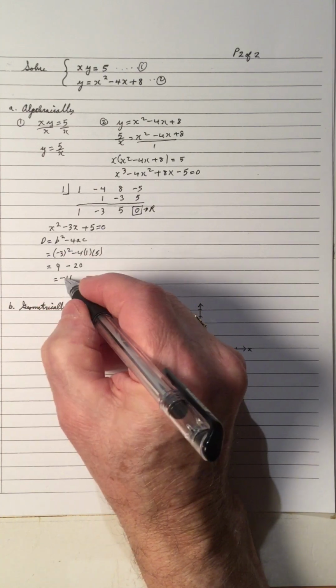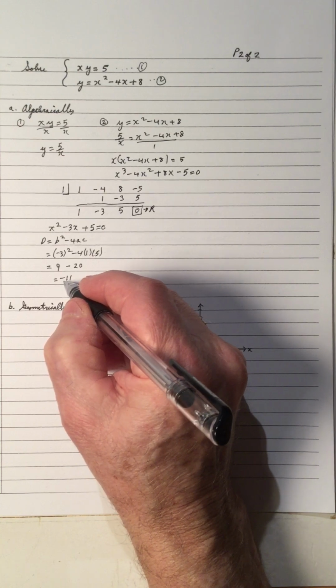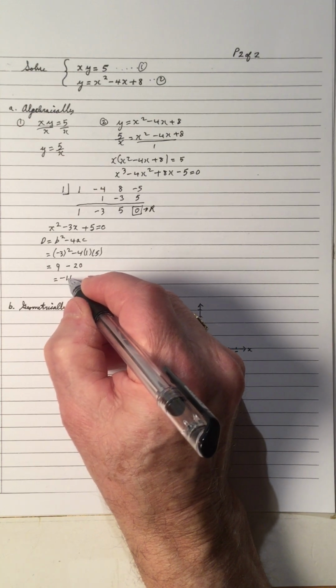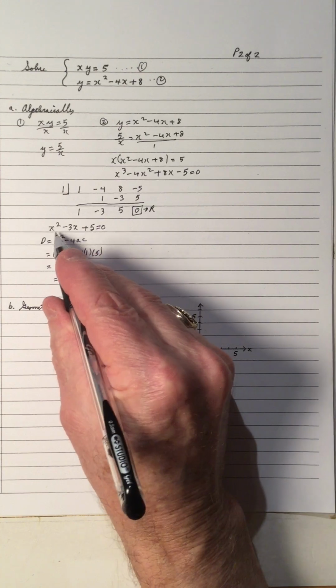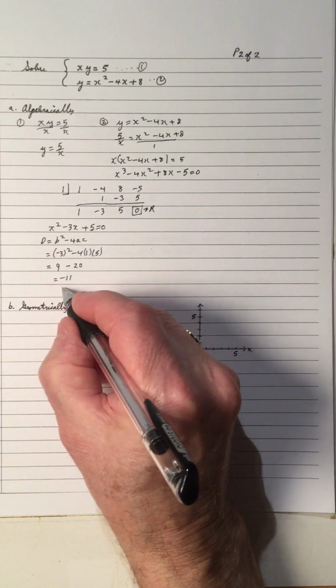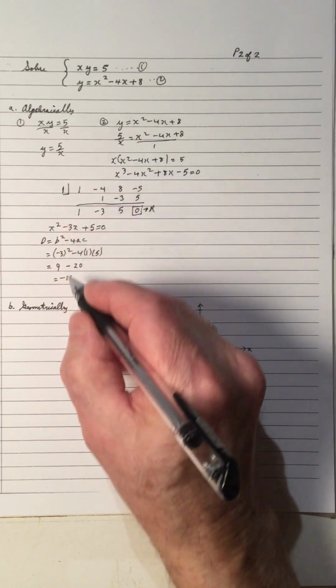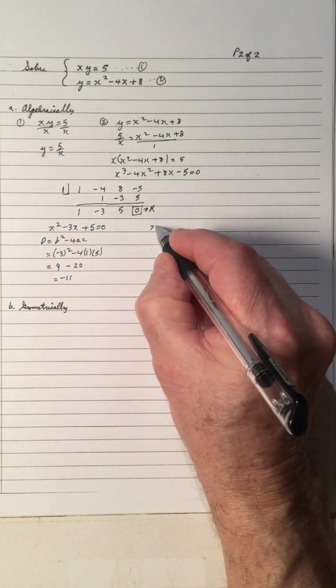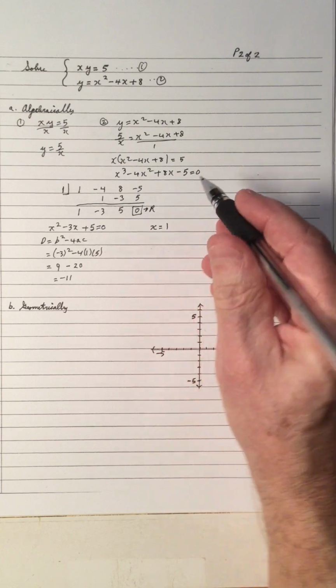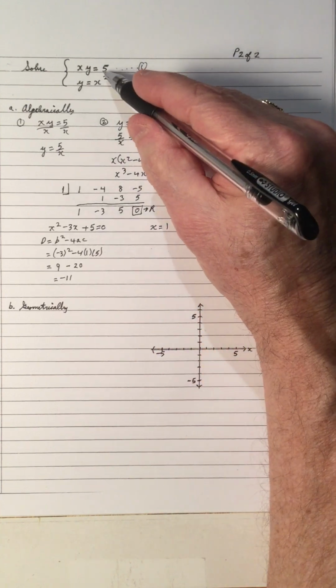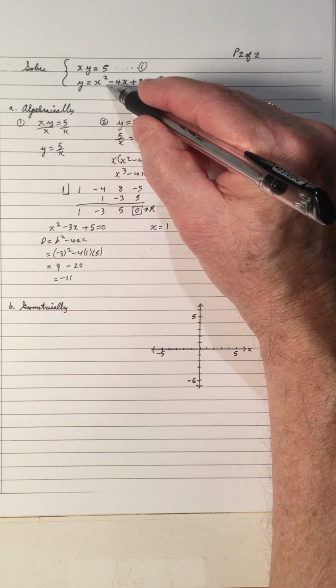If your discriminant is negative 11, that's underneath the root in the quadratic formula. That means these two roots are going to be imaginary. If they're imaginary roots, there's only one real root. So x equals 1 is the real root where this hyperbola and the parabola intersect.